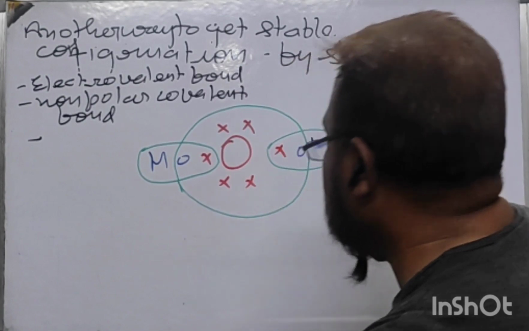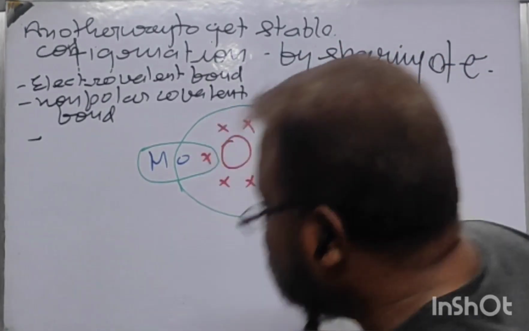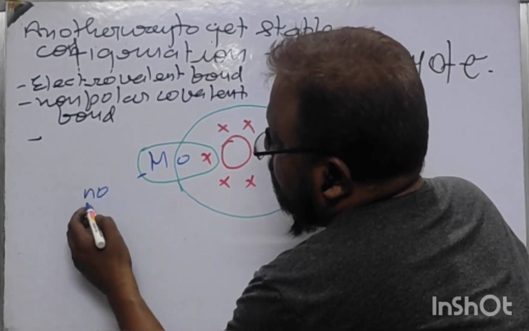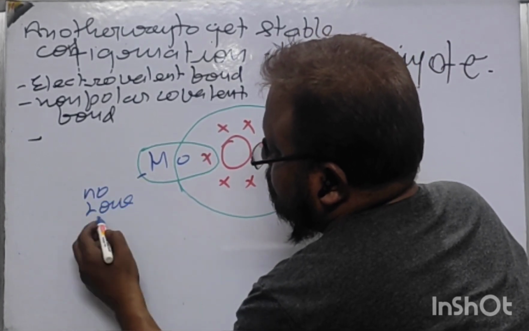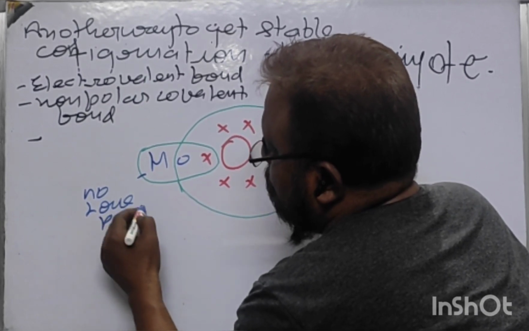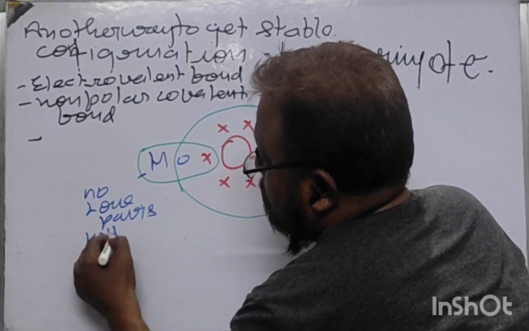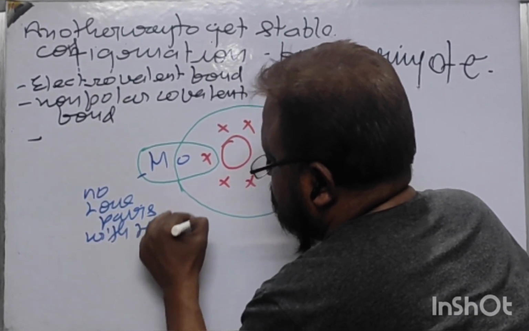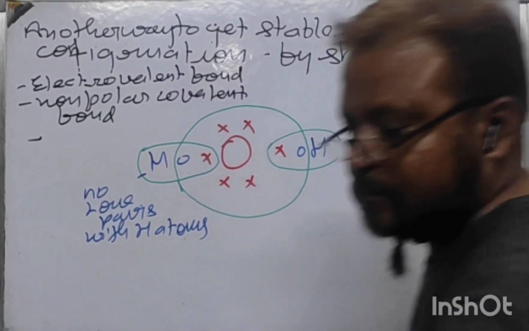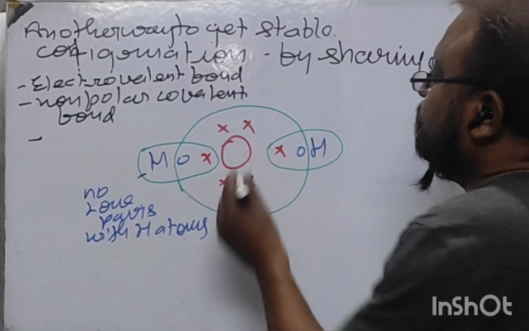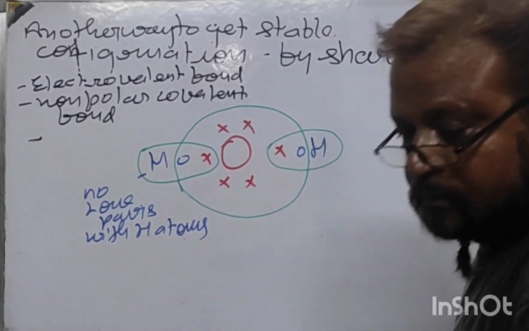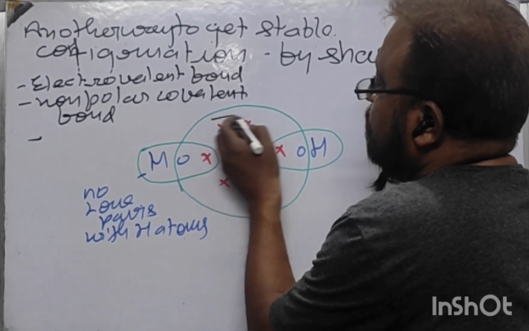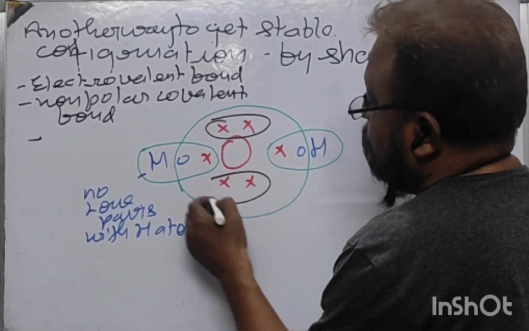Now the point is that there are no lone pairs with the hydrogen atoms, right? But oxygen has this one lone pair, this is two lone pairs.